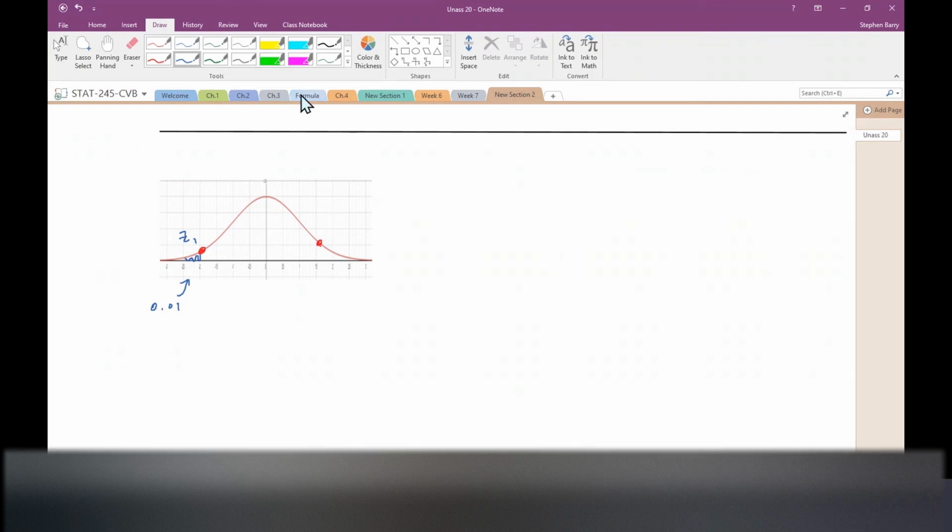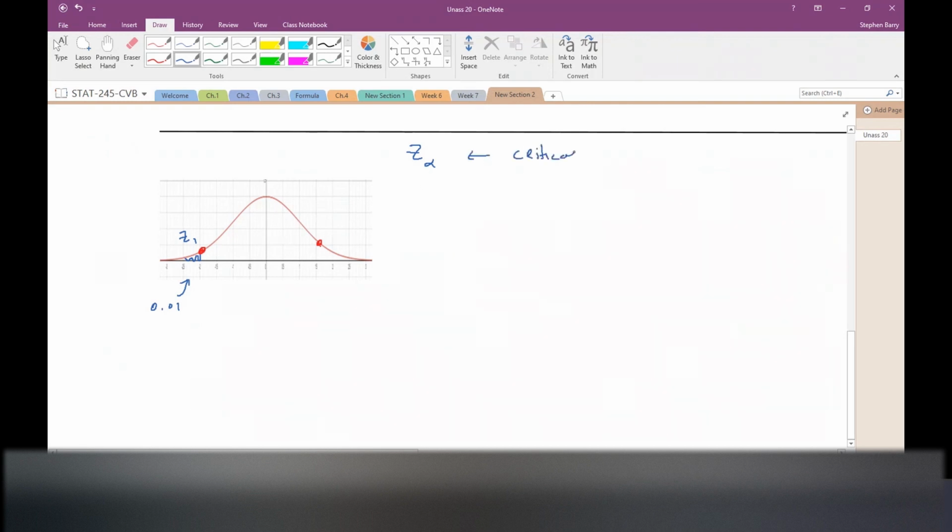So if you want to use that expression, if you watch video 19, that one I wanted you to watch, there's something called a critical score that I mentioned, Z alpha. And in this case, Z alpha would be everything to the right. This is what's called the critical Z score.